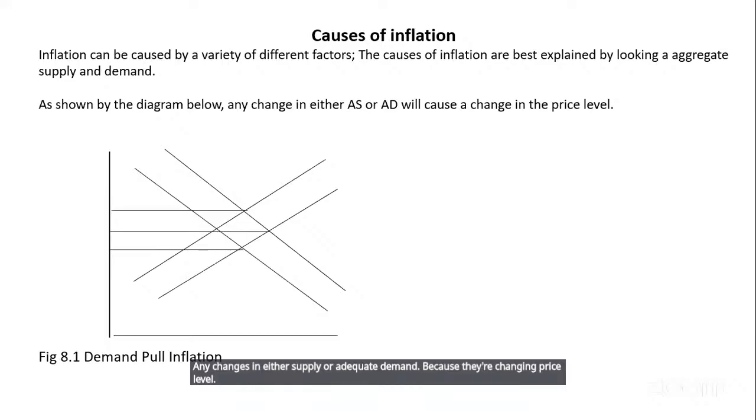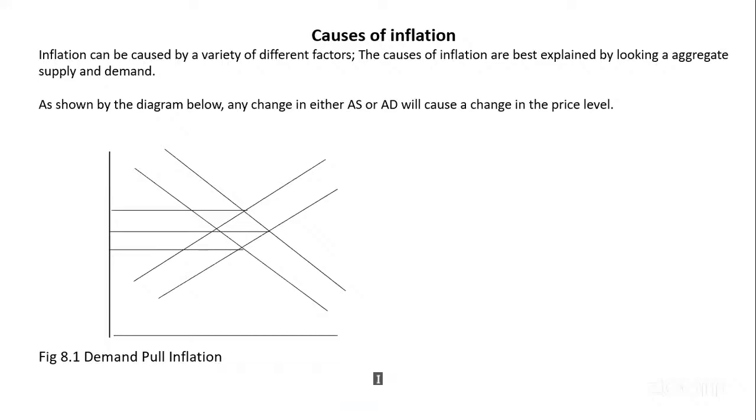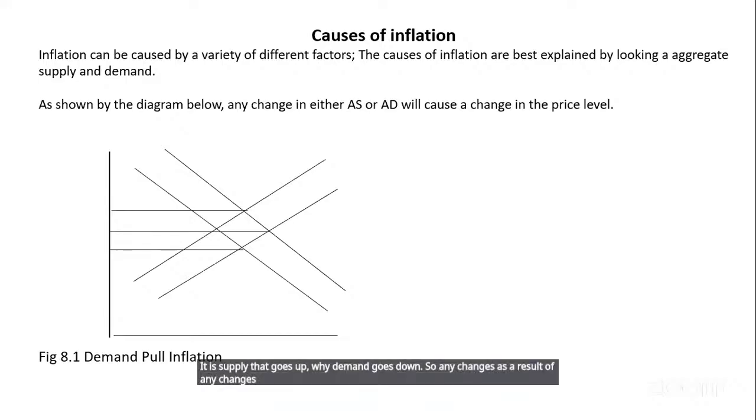Aggregate demand is inversely related to price. Supply is directly related to price. It is supply that goes up while demand goes down. So any change as a result of an increase in aggregate demand is what we know as demand pull inflation.